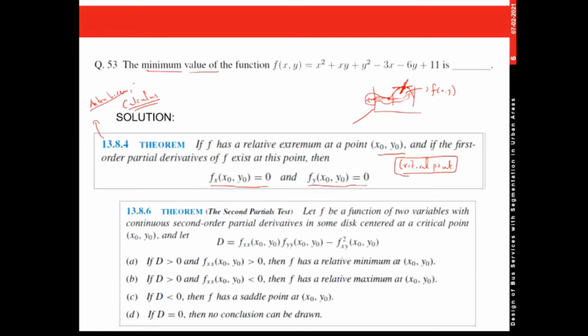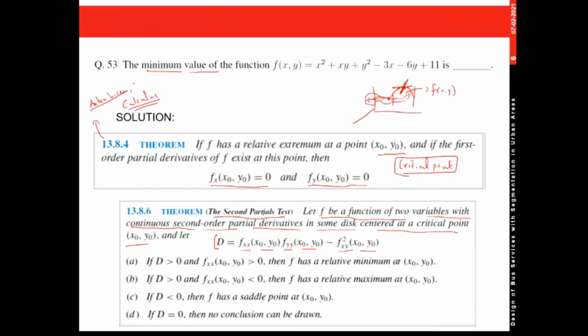So we have a second partial test. It tells us: if f is a function of two variables with continuous second order partial derivatives in some disk centered at a critical point x naught, y naught, then I'm calling D equal to fxx at x naught, y naught times fyy at x naught, y naught minus f square xy at x naught, y naught.